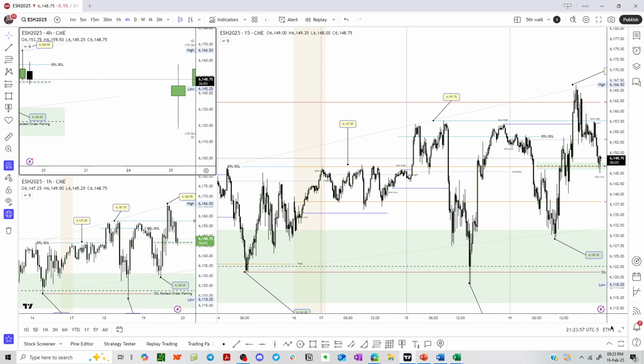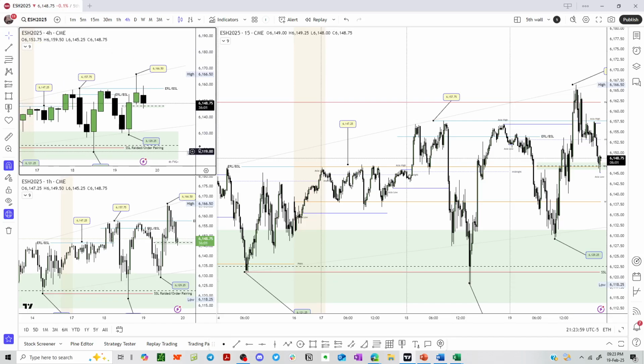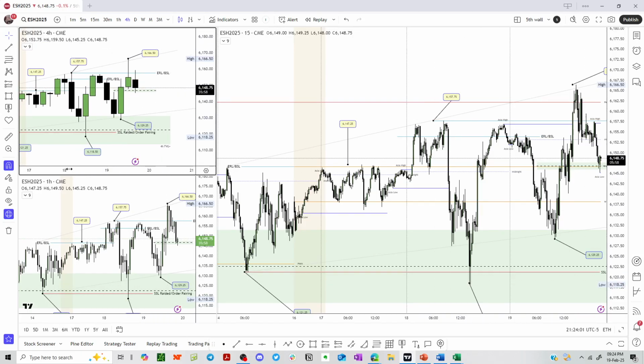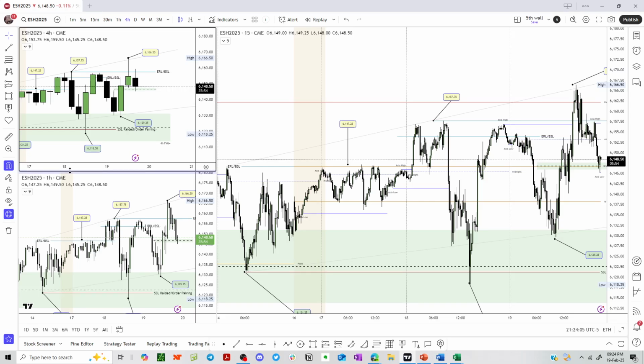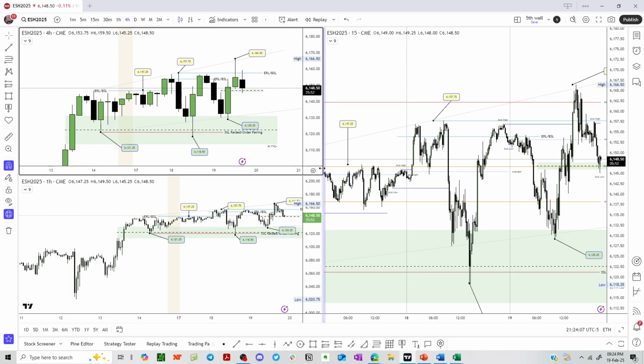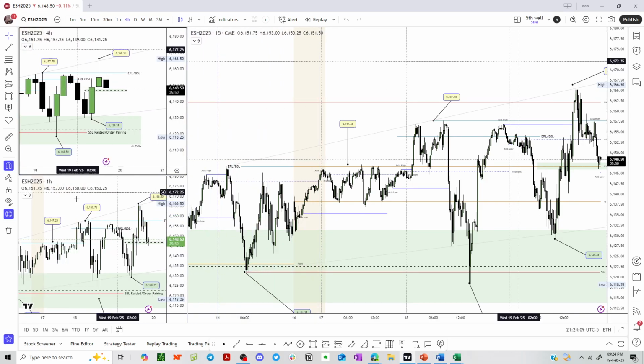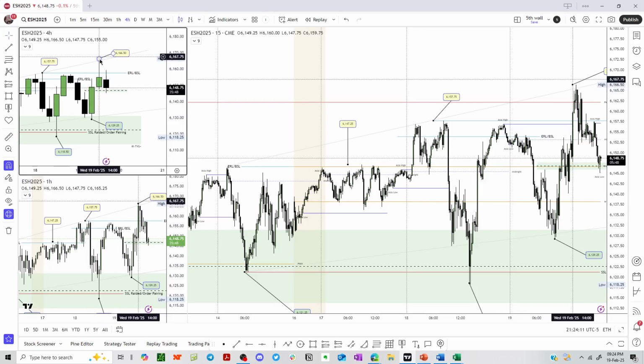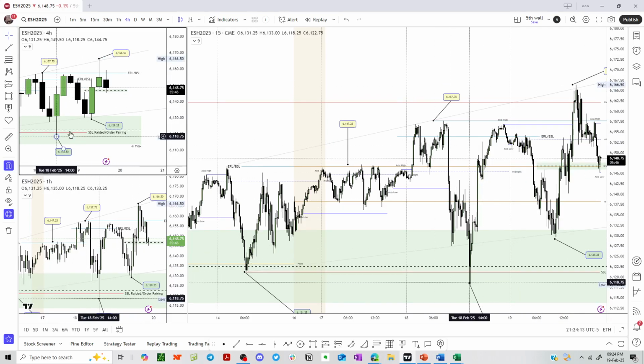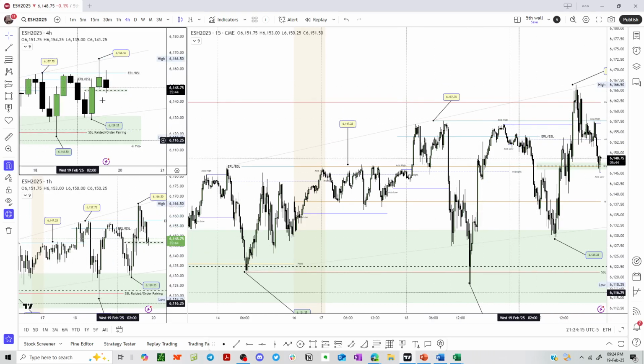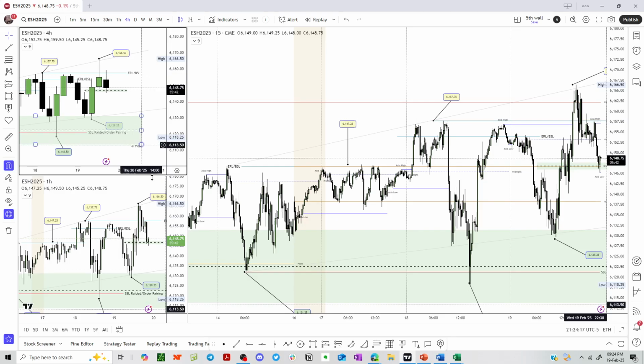So from there, the 4-hour chart is complete. Now we have 4-hour levels, 4-hour targets, and 4-hour draw on liquidity, internal and external.